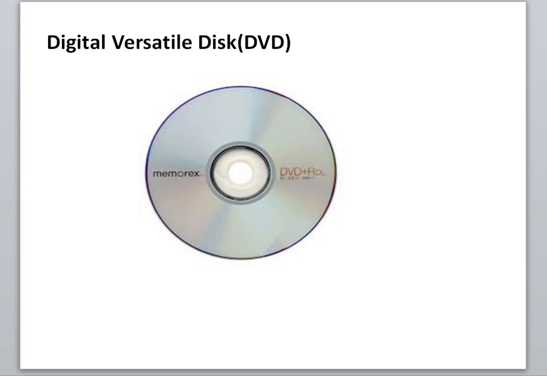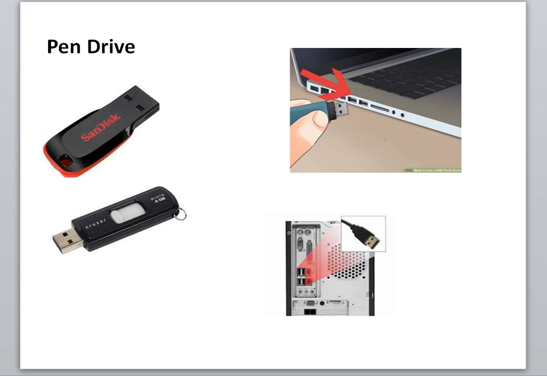Next one is pen drive. Nowadays, everyone knows pen drive. Nowadays, we are using pen drive. This pen drive's capacity is more than DVD's, where its capacity is in GBs, up to 256 gigabytes of data you can store in a pen drive.